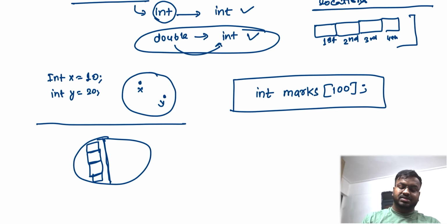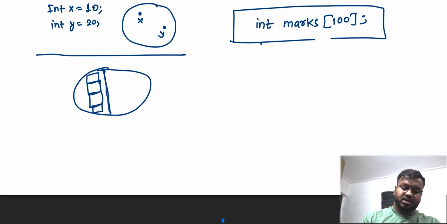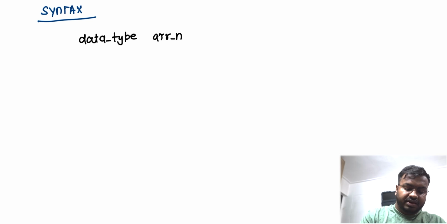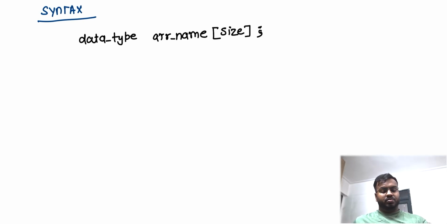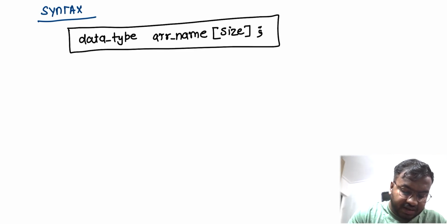Now we will discuss the syntax. Right now you might be confused about the syntax, so don't worry. Now we will discuss the syntax to declare an array. First you will write the data type, and then the array name, and then big brackets, and inside big brackets you will define the size. This is the syntax to declare an array.